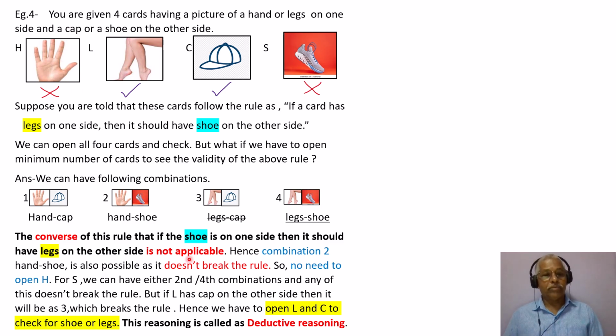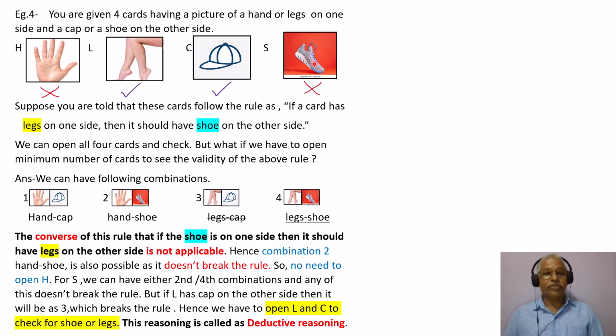Got it? Because both of these don't break the rule. So even this can have either cap or shoe, and either cap or shoe doesn't break the rule, because the rule says legs on one side, then it should have shoe on the other side. So no need to open H.